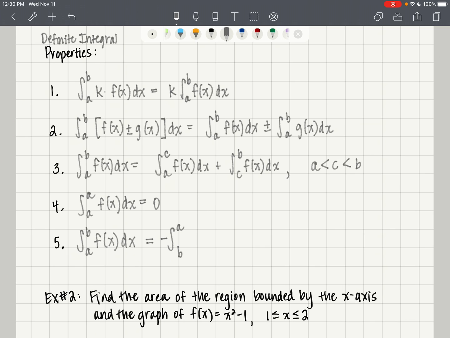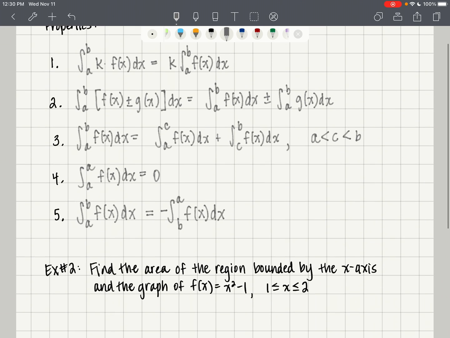So if I flip my limits of integration, I have to take a negative to the outside. So these are really important properties for you to know. I would encourage you to make some flashcards so that you're familiar with seeing them and understanding them when we have to apply them, of course.